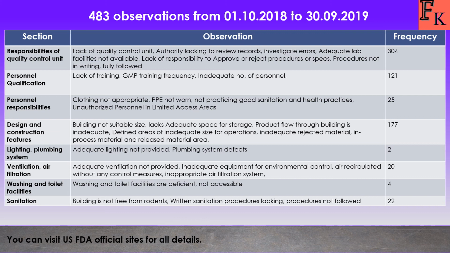Washing and toilet facilities, 4 observations. Sanitation, 22 observations. So lots of observations were given on these three sections, so we can improve our facility or building, responsibilities, personnel qualification, and we can avoid these 483 observations.